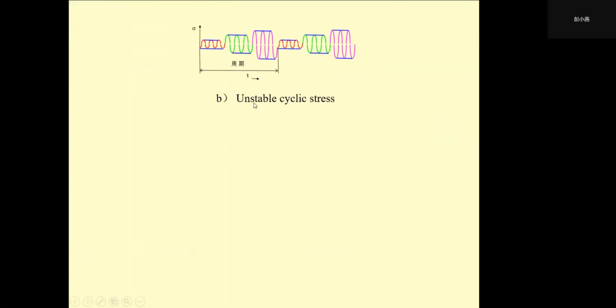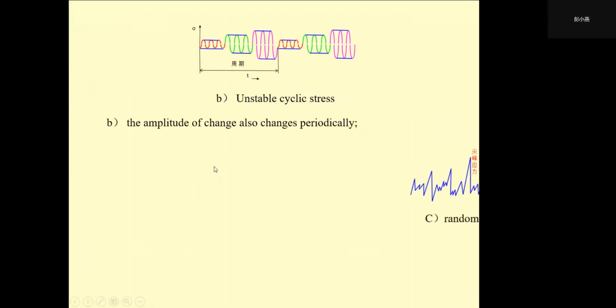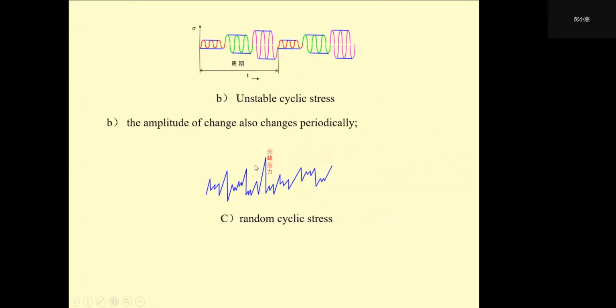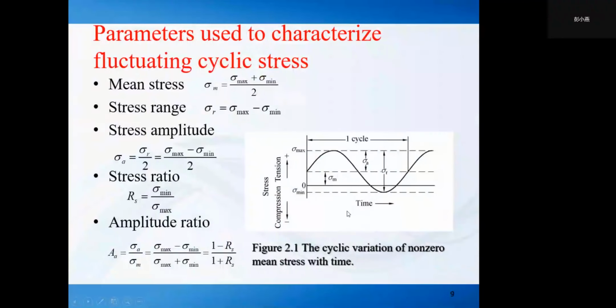And this is unstable cyclic stress. The amplitude of change also changes periodically. And this is random stress, the change is not periodic.